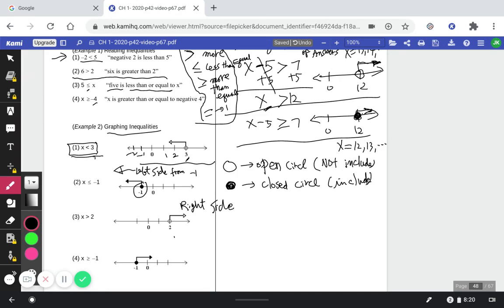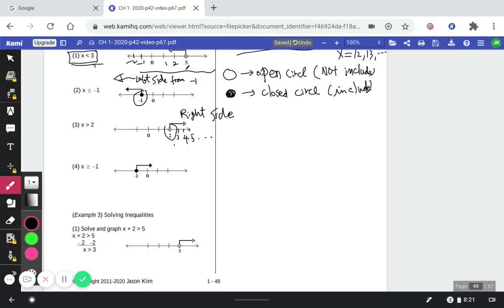And since it is just greater than, not including 2, you use the open circle. Okay. So possible values that satisfy x is greater than 2 means 3, 4, 5, and on and on and on. So you get a range of values that satisfy these inequalities.